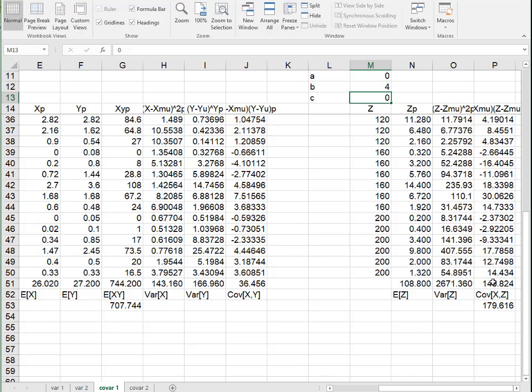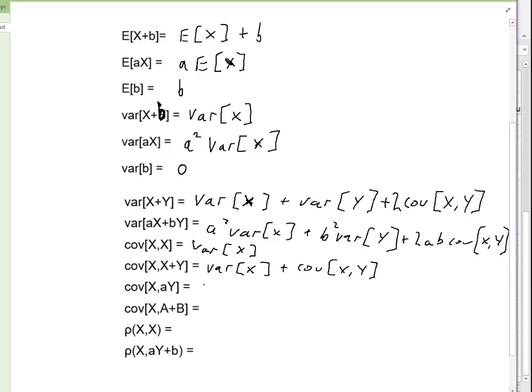So that'll multiply by 4. So the rule here is that this is just a times the covariance. So if you multiply one of the variables by a fixed number, that just multiplies the covariance by that number. Which is sensible, but it's actually not very useful.